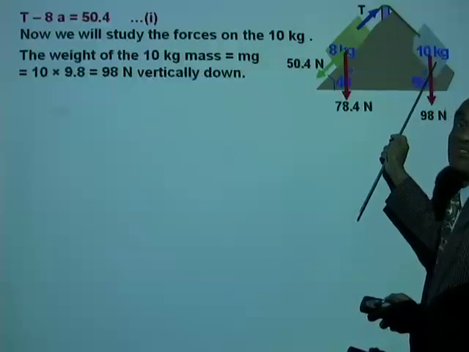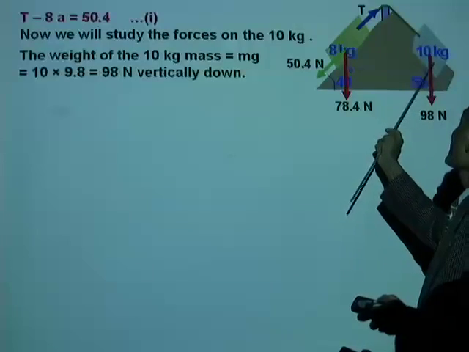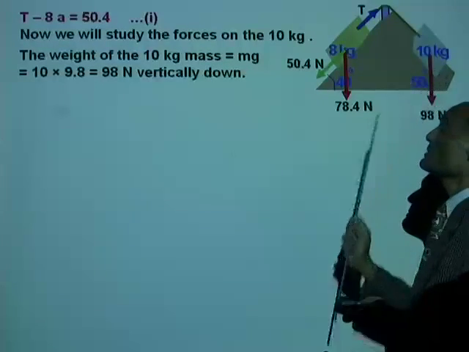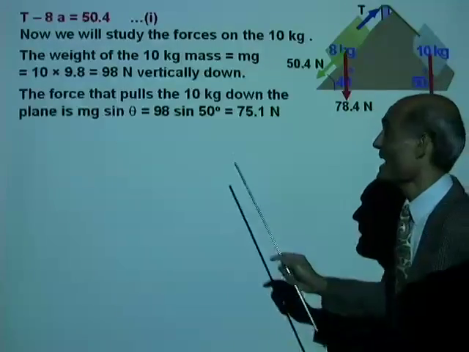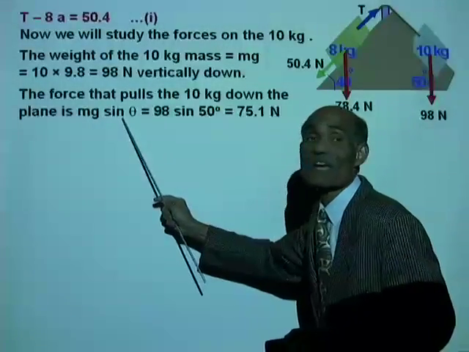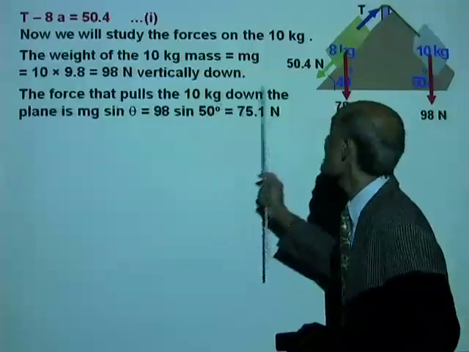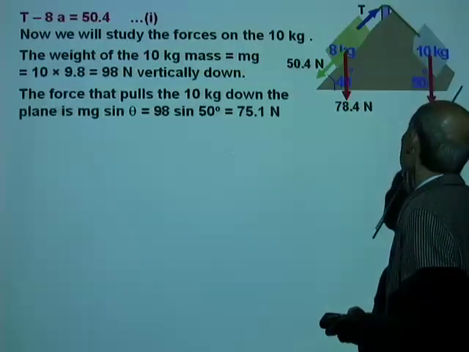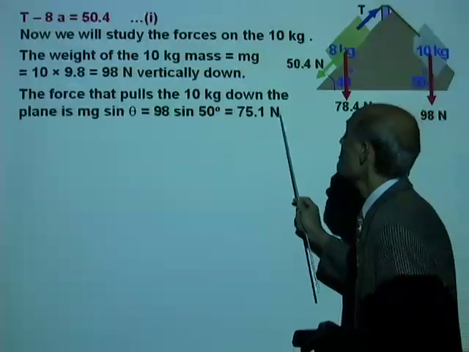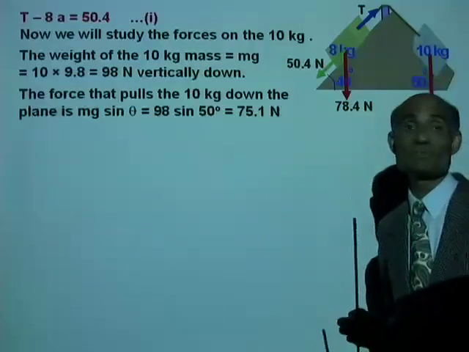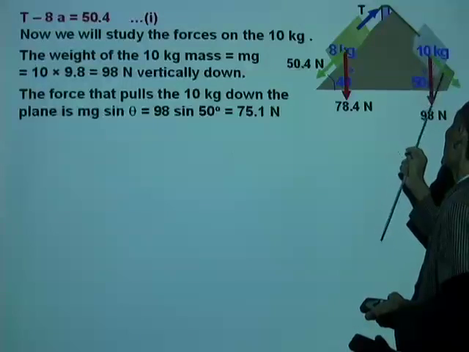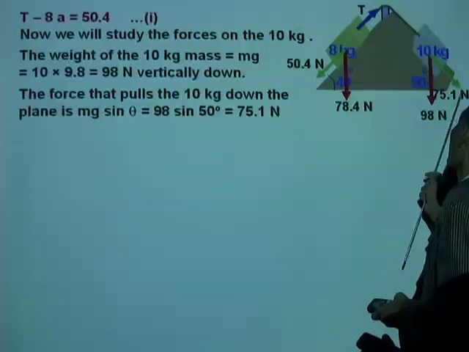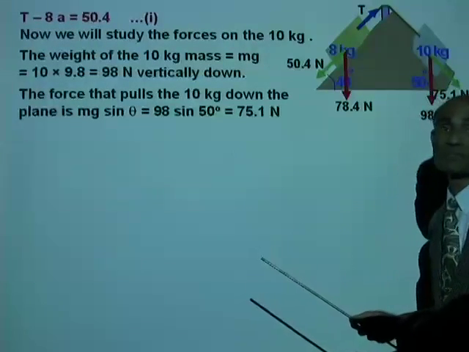Alright, what is the force that is pulling this 10 kilogram down the plane? That will be mg sine theta. That will be 98 sine 50 degrees, and that is 75.1 Newton. That is the force pulling the 10 kilogram down the plane, 75.1 Newton.